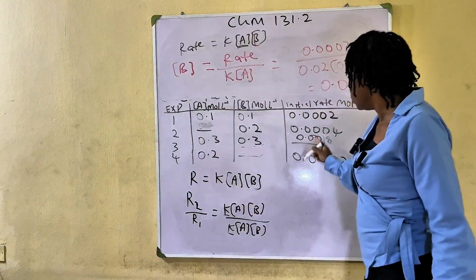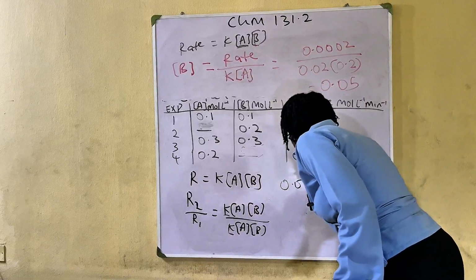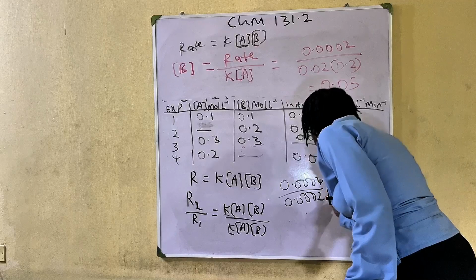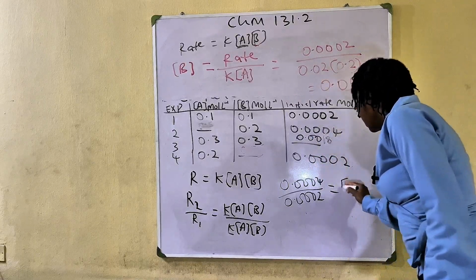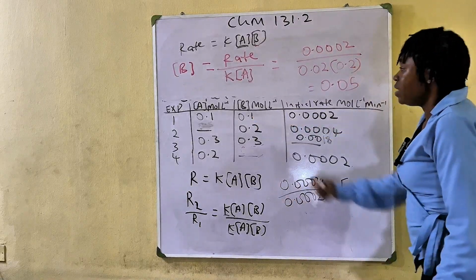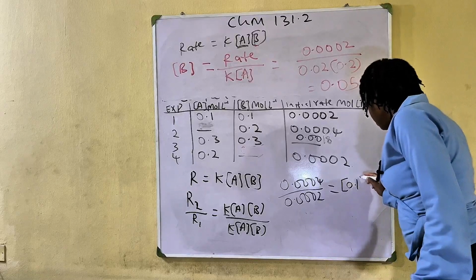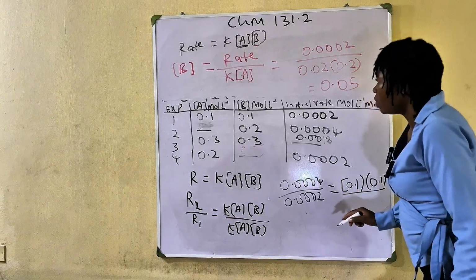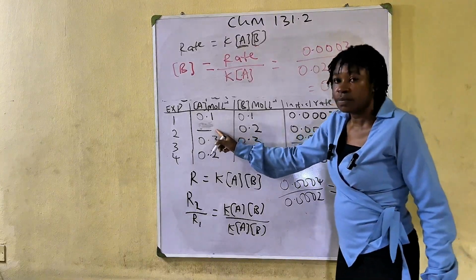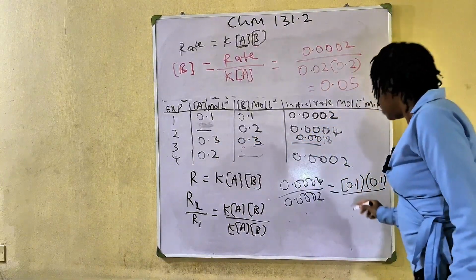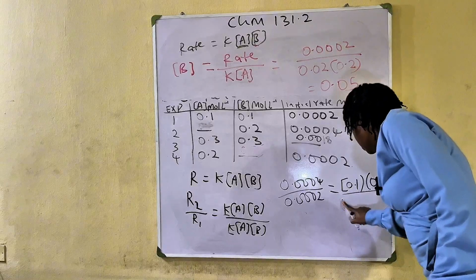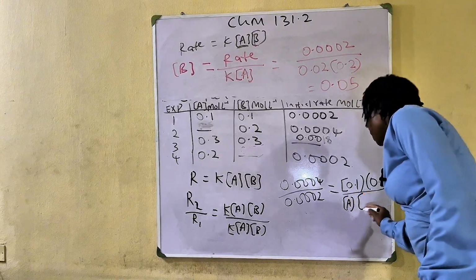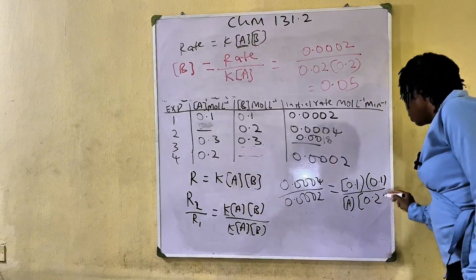What's the value for R2? 0.0004. R1 is 0.0002, equals to, what's the concentration of A? 0.1. The one for B is 0.1. So this one is missing. Then the one for B is 0.2.